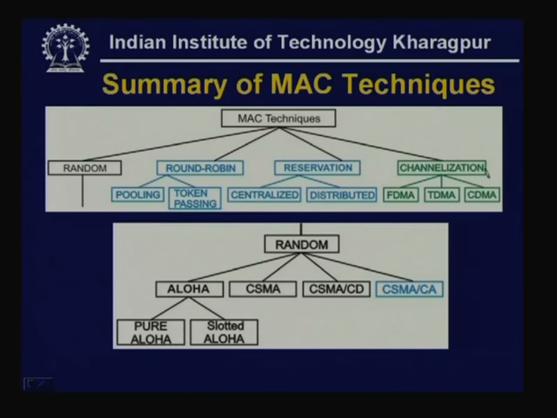In today's lecture we have discussed FDMA, TDMA and CDMA, and here we have seen that signals can be transmitted in 3 different ways, by using frequency, time and code division multiplexing.